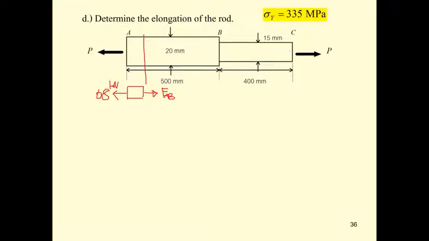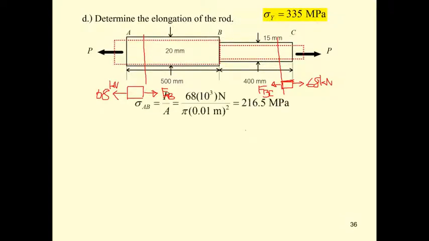Also, if you cut this one and draw the free body diagram of this portion, you may get the same thing. The force over here is 68 kilonewton. So the internal force here, F sub BC, is also going to be 68 kilonewton. So all the internal forces are going to be 68 kilonewton.